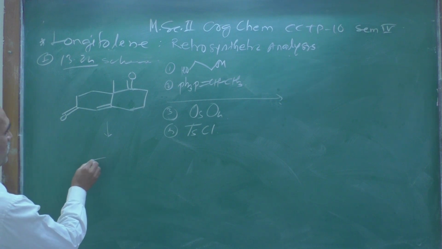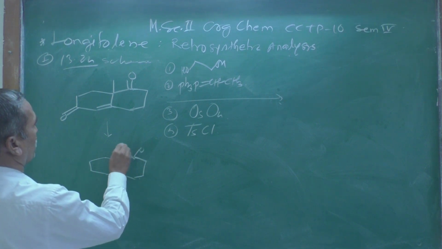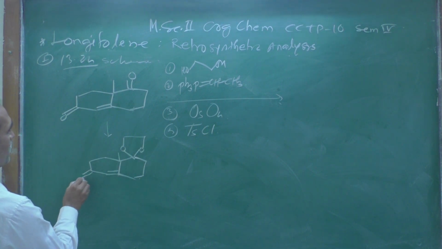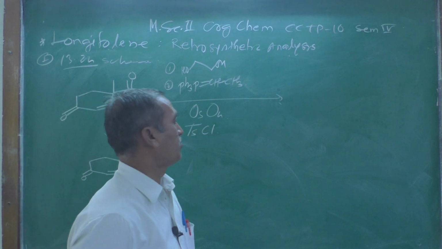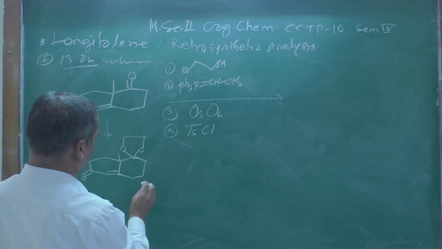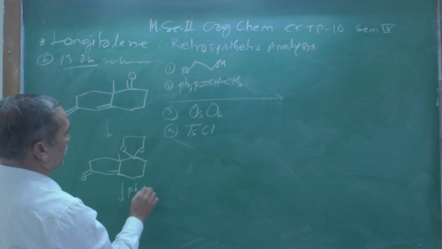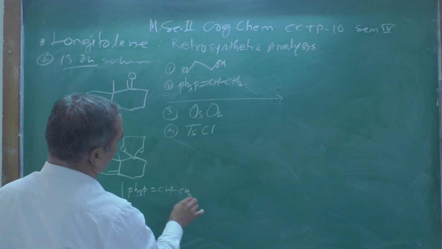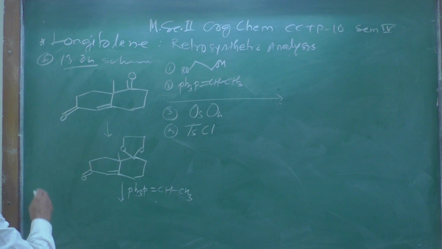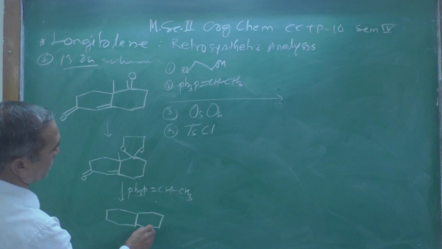It reacts easily, and you will get the product like this, with a methyl group, a double bond, and this double bond remains. After that, we add the second reagent, Ph3P=CH2, a modified Wittig reagent. It reacts with this, and you get this type of product.